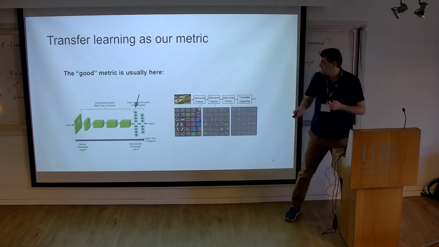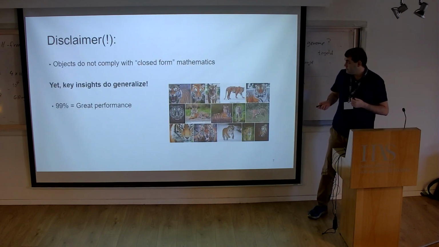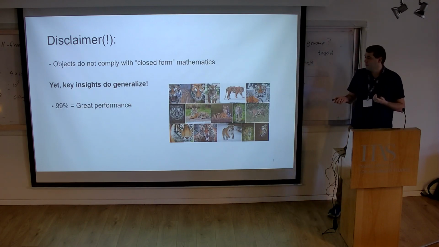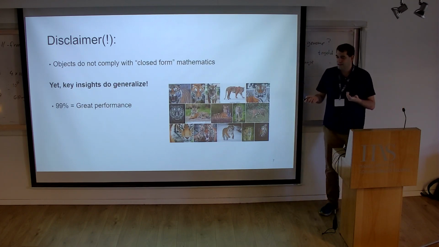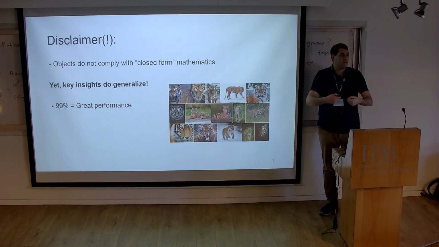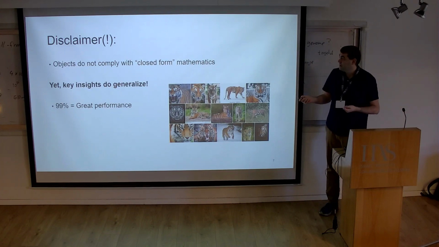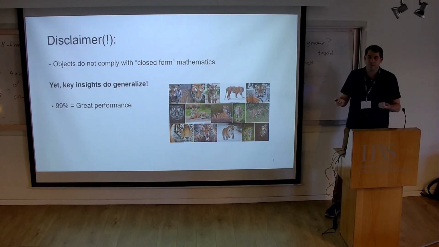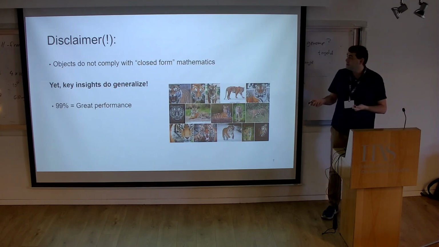And just as a disclaimer, as in many deep learning tasks, but especially in anomaly detection, objects are not mathematically well defined. We can all think about a tiger, but I don't have a closed form mathematical formula for what is a tiger. So not everything we will do will be mathematically principled, but key insights do generalize.